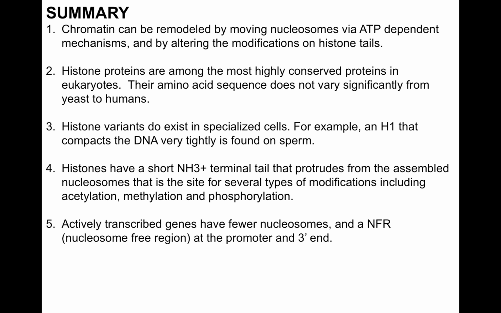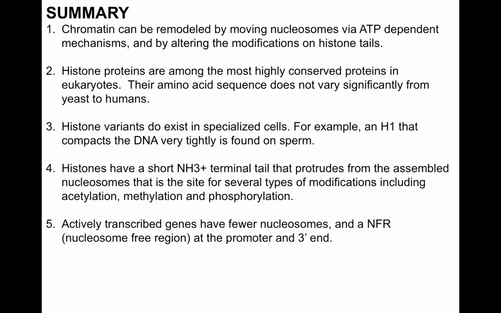So in summary, chromatin can be remodeled by removing nucleosomes via ATP-dependent mechanisms and by altering the modifications on histone tails. Histone proteins are among the most highly conserved proteins in eukaryotes. Their amino acid sequences do not vary significantly from yeast to humans.